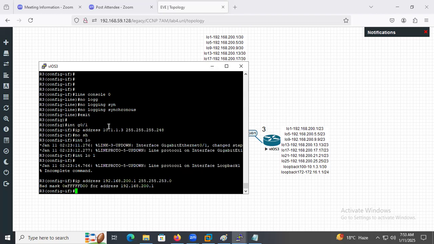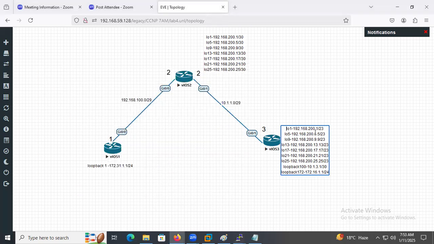Oh my god, why did it come 200? When I copied it, it came wrong. It should be 1, not the 200 series. 1.1, we'll do this. 5.5. You have to remove the 200.